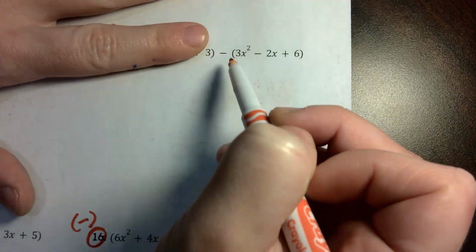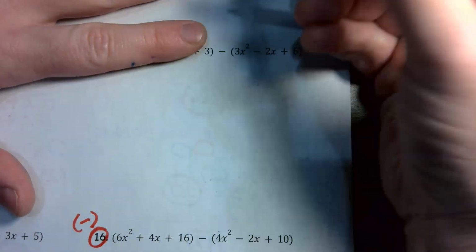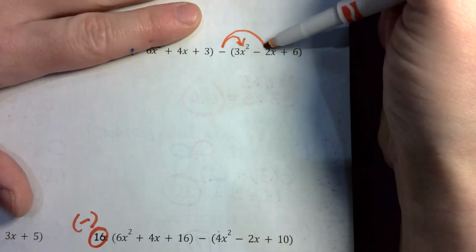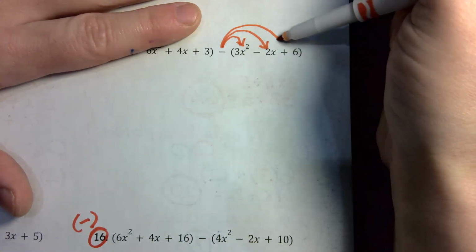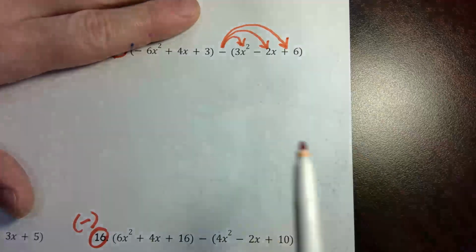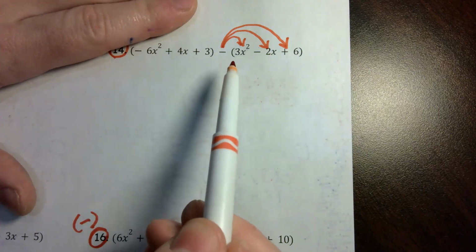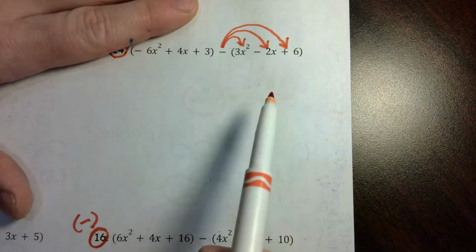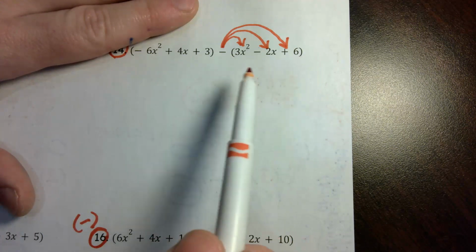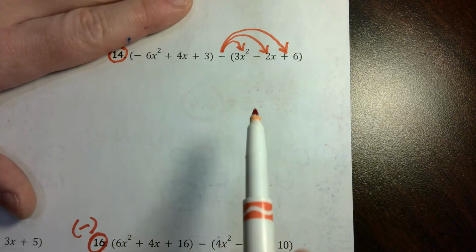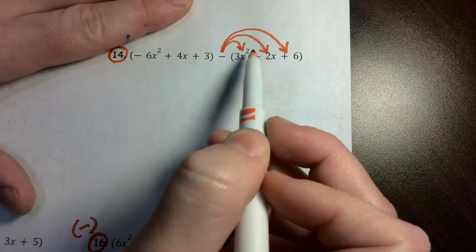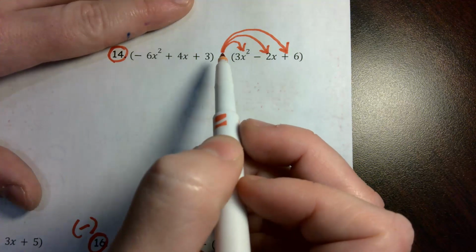We are just going to take this minus sign and distribute it to each of the terms in the second polynomial. All that means, all that we're doing is changing any positives to negatives and any negatives to positives. We're just changing the sign to the opposite here. So if I start with positive 3x squared, the negative is going to change it to what?